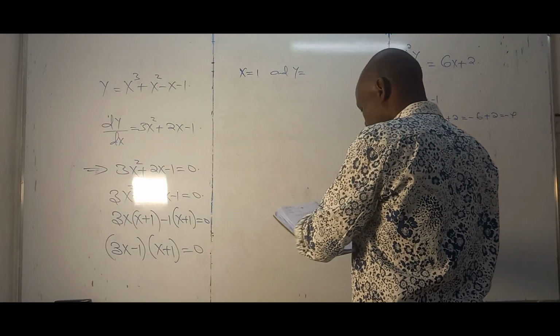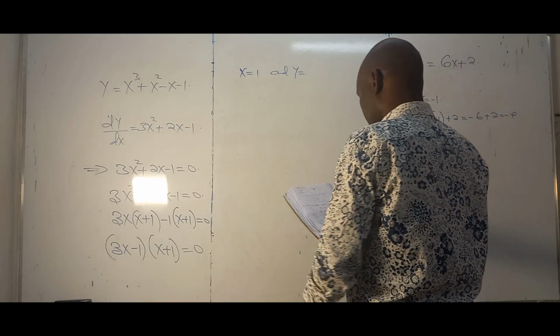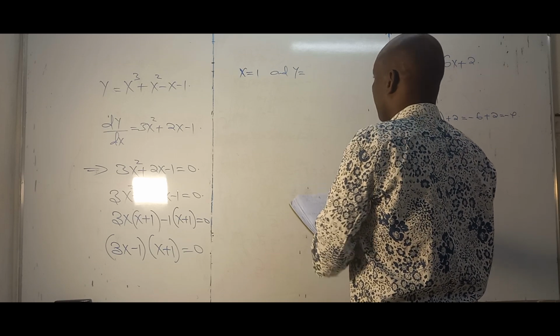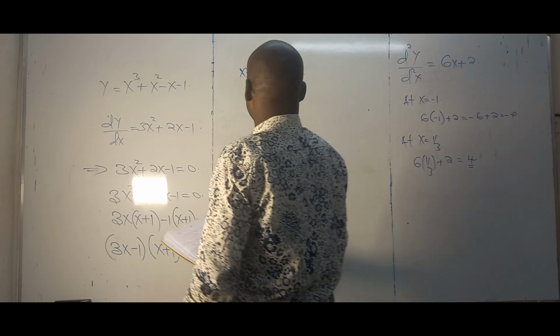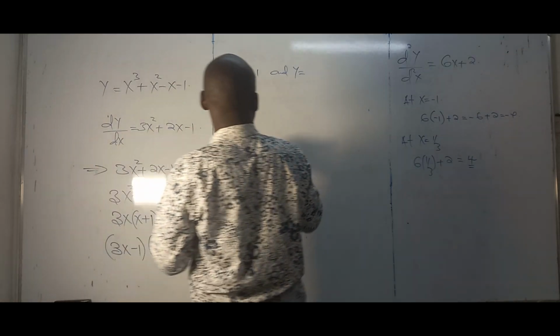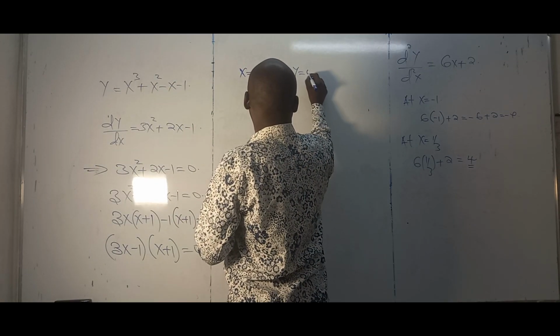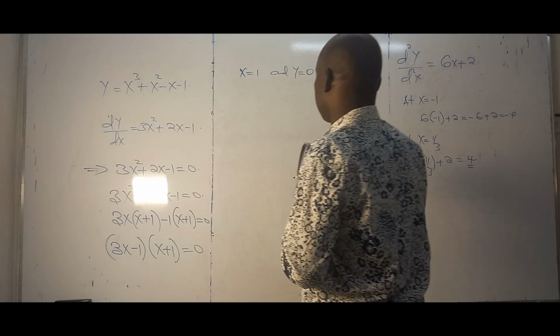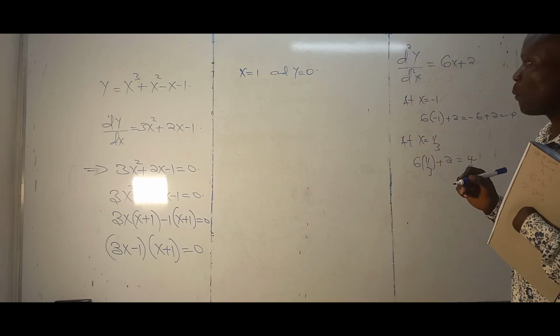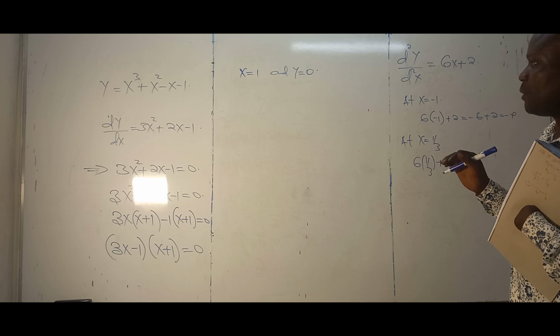So what we have is that at that point of intersection, y is 0, where that curve is making a tangent.